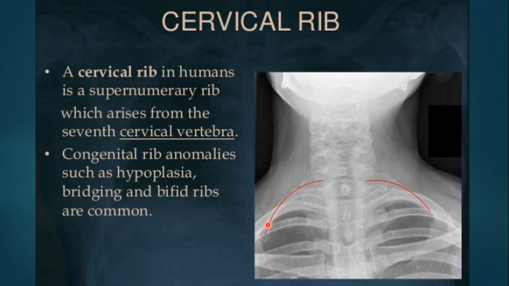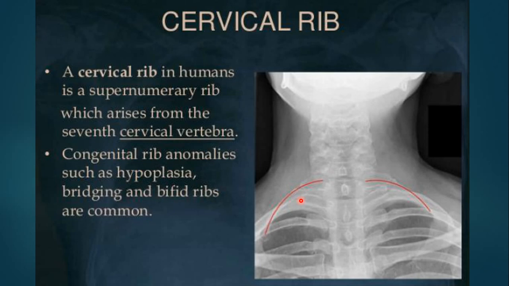This cervical rib might be a complete rib fusing with the clavicle, or might be incomplete, or it might be bony at the beginning and continue later as a fibrous band, or it might be totally a fibrous band, and it might cause compression of the subclavian vessels between the extra rib and the first rib.